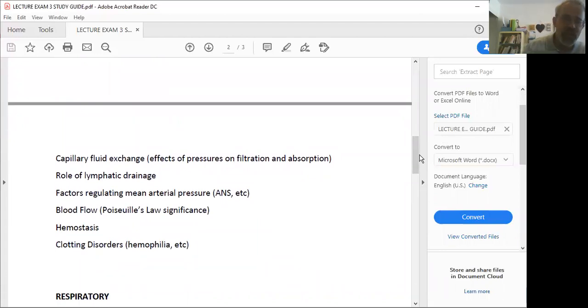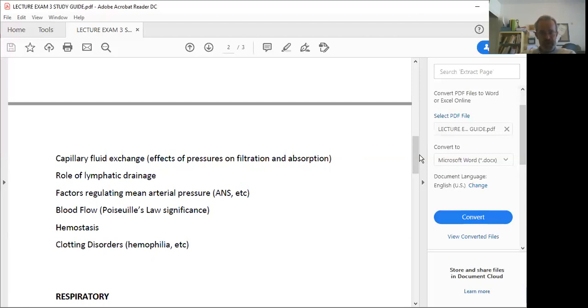Continuing with blood vessels, we then spoke about the capillaries. Remember, this is where the exchange occurs, and how the movement of fluid or gases, nutrients, whatever, out of the capillaries occurs at one end, the arterial end.